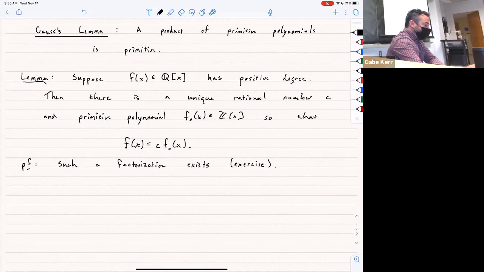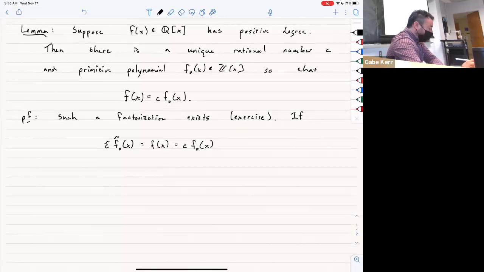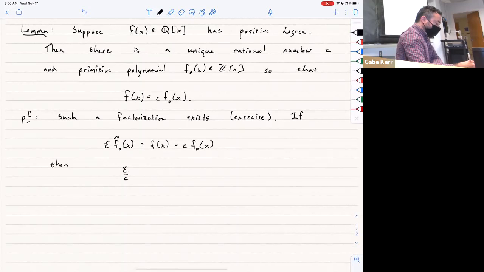Why is it unique? Suppose we have two of these, so let's say we have c tilde times f naught tilde of x. Well, I can certainly divide by c, or maybe multiply by c. These are rational numbers a priori. Look at this equality.